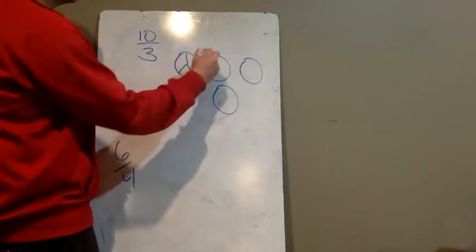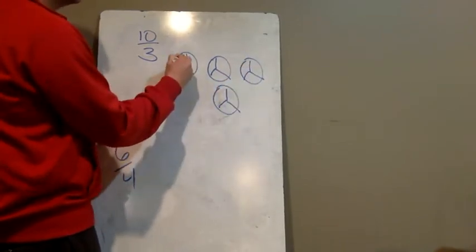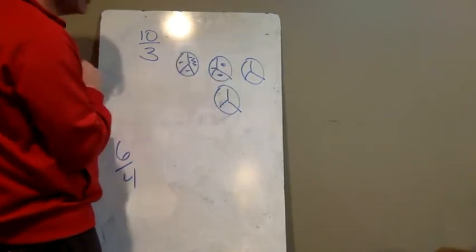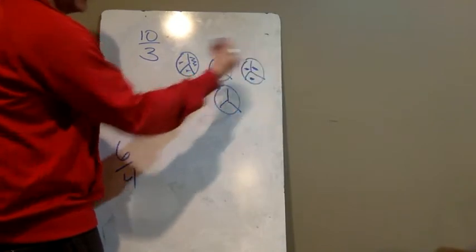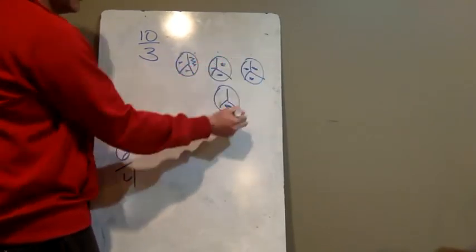Break a bunch of circles into thirds. 1/3, 2/3, 3/3 is 1 whole. 4/3, 5/3, 6/3 is 2 wholes. 7/3, 8/3, 9/3 is 3 wholes. 10/3 is 3 wholes and a third.